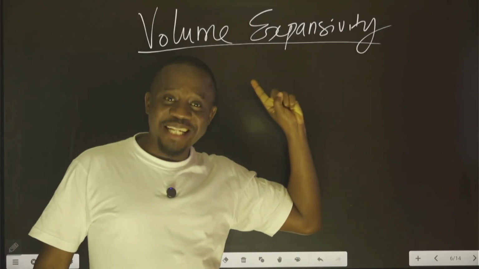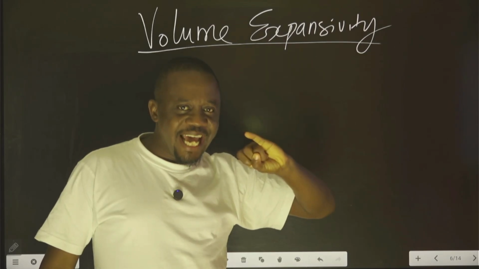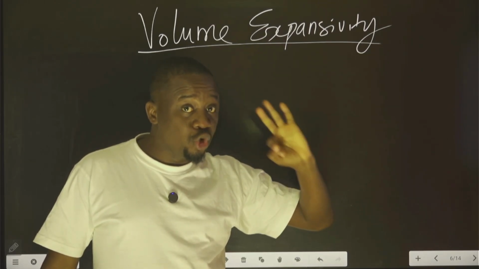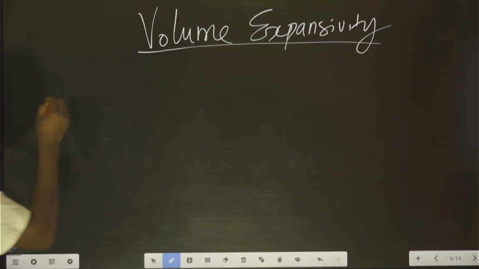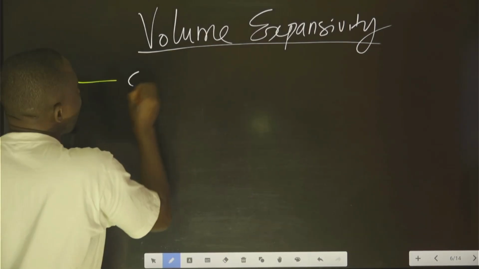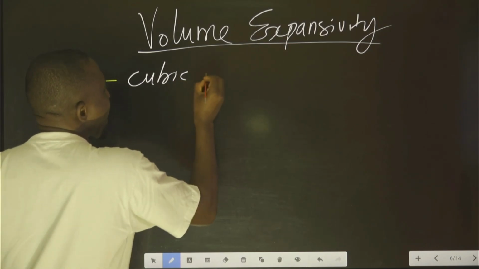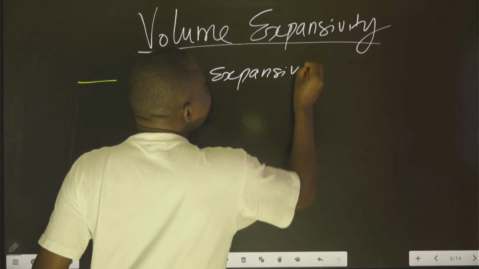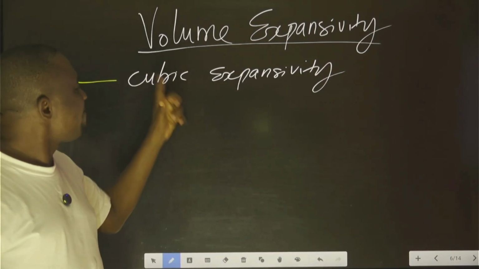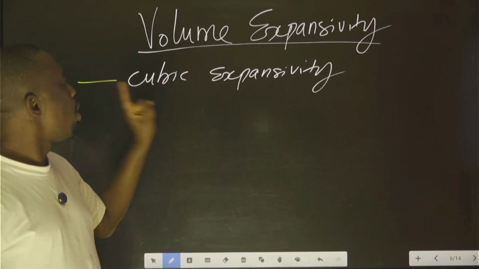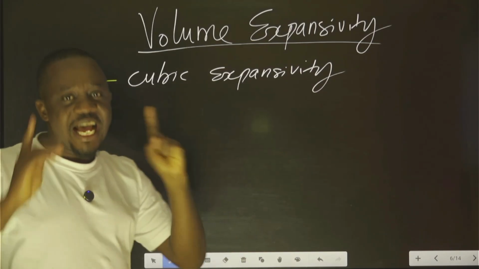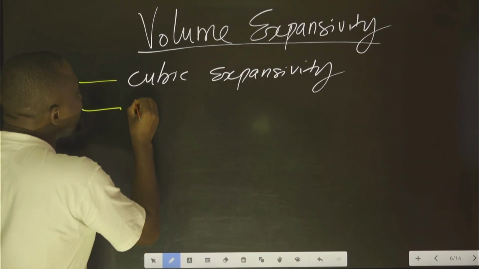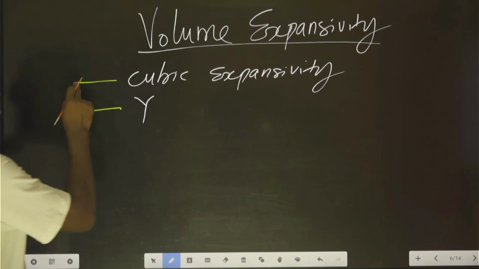Let's look at volume expansivity. We have treated linear expansivity, area expansivity. Now is volume expansivity. When it comes to this, you can call it cubic expansivity. So when you see volume expansivity or cubic expansivity, they are saying the same thing. Secondly, we represent it by gamma.